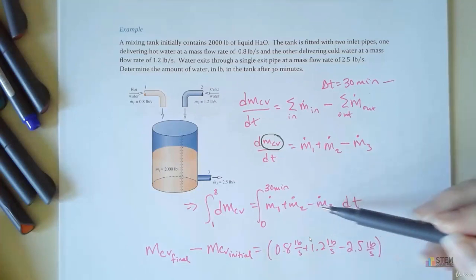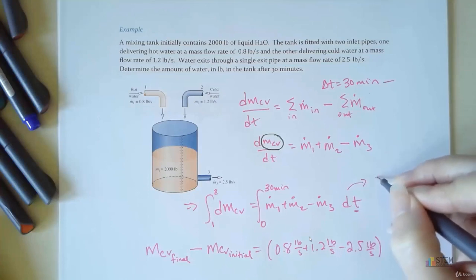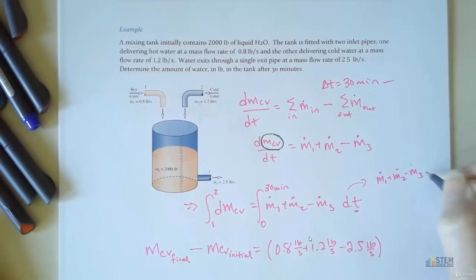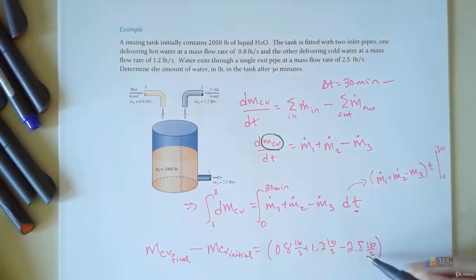Now remember, when you integrate this, we'll write it out to the side here, we're going to get this whole thing times t, then you evaluate, right? That's what we're doing here. I just went ahead down here and plugged in all the numbers. So we've got this t. Now if we were to evaluate at 30 and then 0 and then subtract, the one you're going to be left with is this 30 minutes. So we've got 30 minutes.